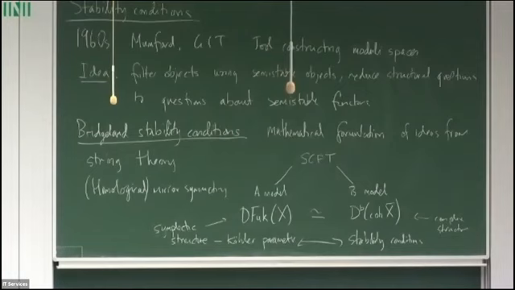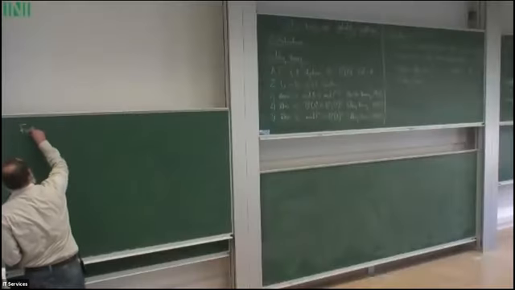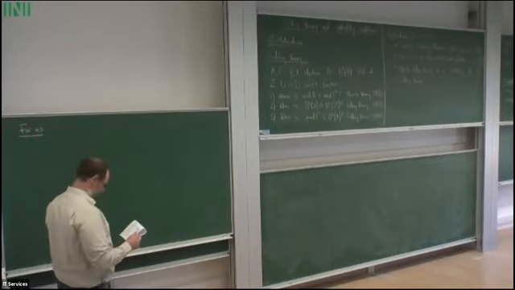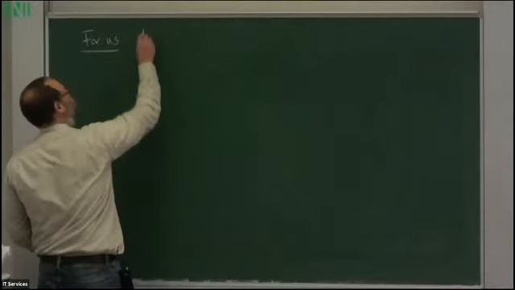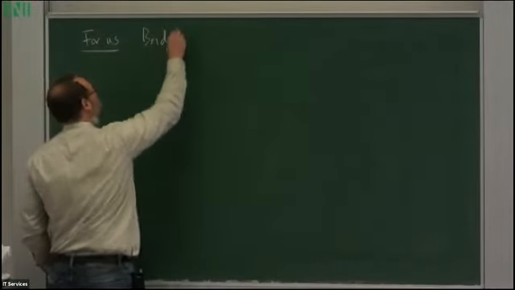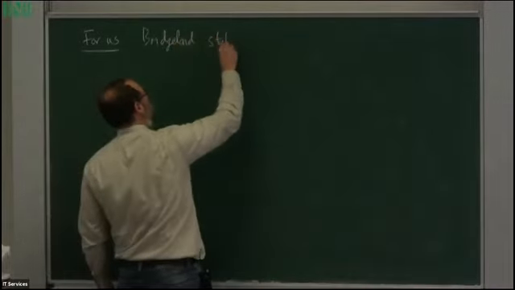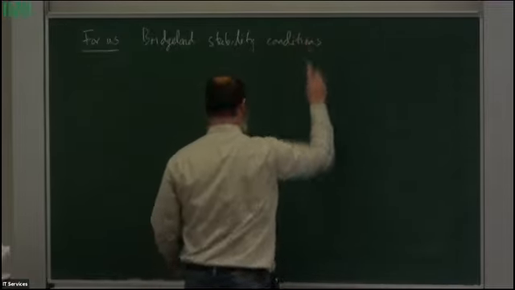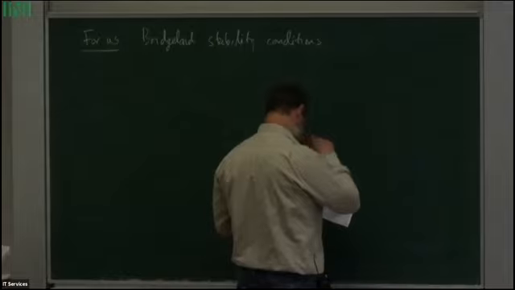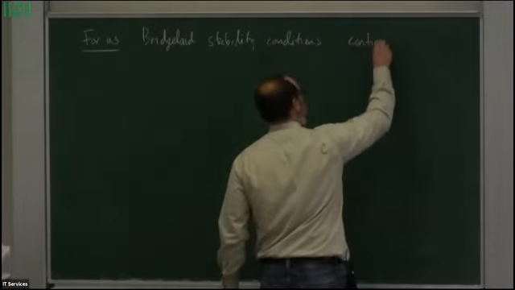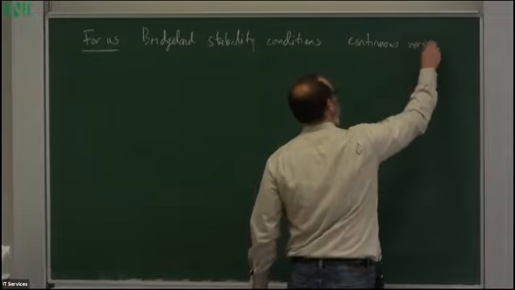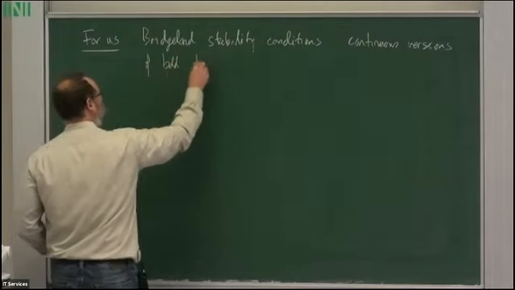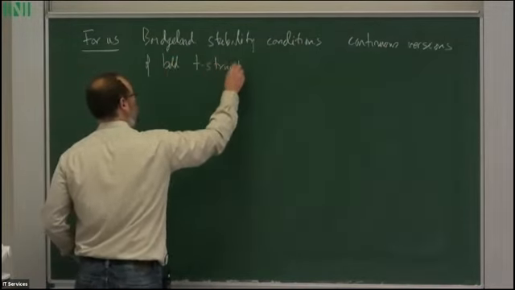So for me, or for us, so I say for us, but this is a royal us. It means for me, is that Bridgeland stability conditions are continuous versions of bounded t-structures. Why this is will become apparent.